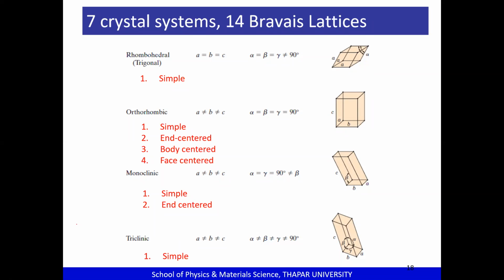So the question is, why is it like this? In one particular crystal system, all 4 Bravais lattice types may be present, while in some other crystal system, only 1 or maybe 2 are possible. There are 2 possible reasons for this. The first reason is you can define your lattice only if the periodicity is maintained. This is the thumb rule.